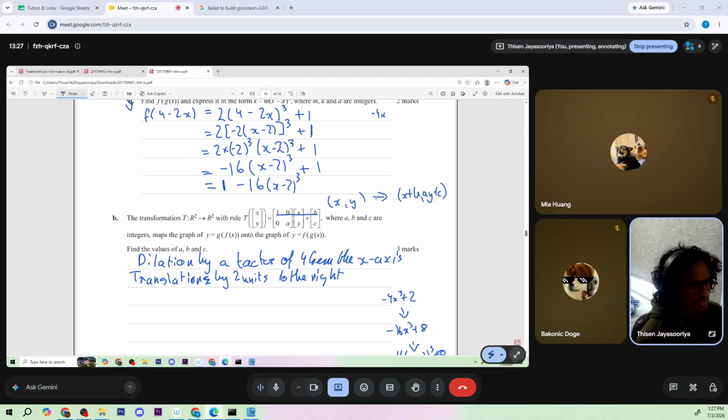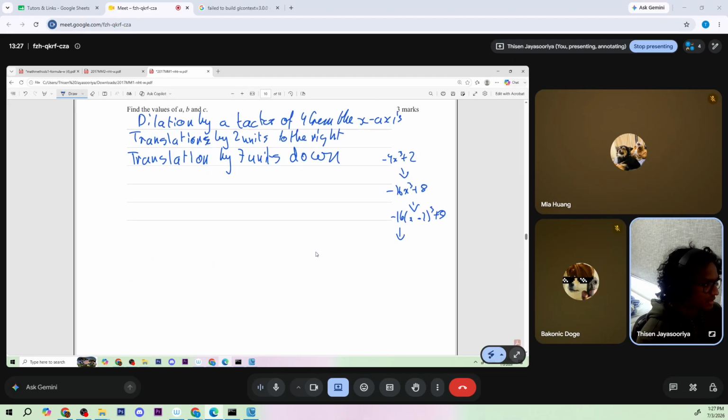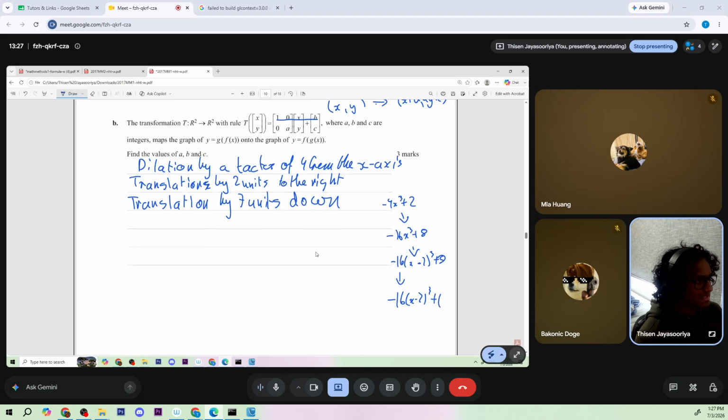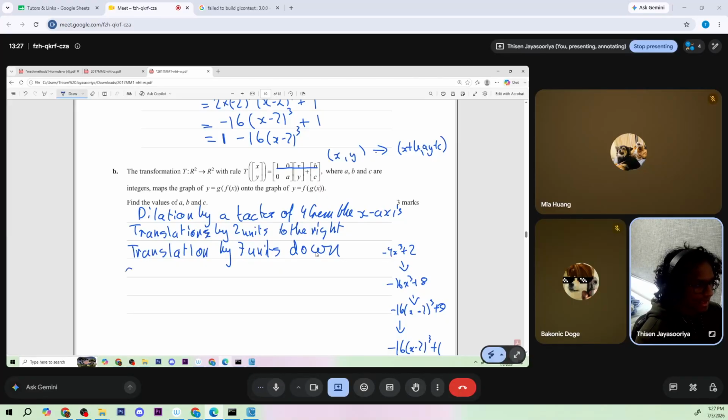And then I need to do a translation by 7 units down to turn this function into negative 16(x take away 2) cubed plus 1. Yeah? So that means here that a equals 4, b equals 2, c equals negative 7.